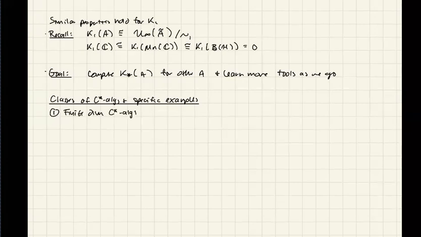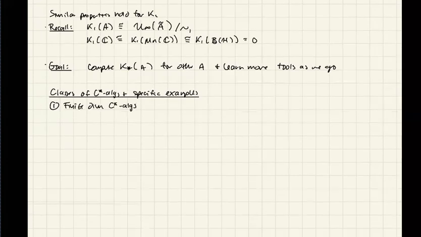And I believe you have seen this before. It's in the notes that any finite dimensional C-star algebra is isomorphic to a direct sum of square matrices over the complex numbers of varying sizes, potentially.